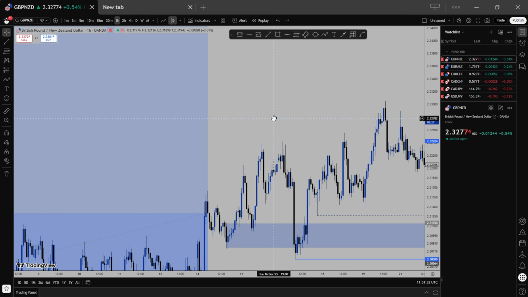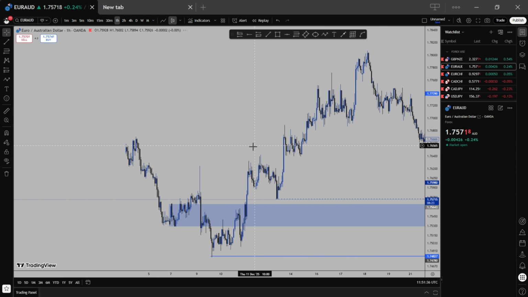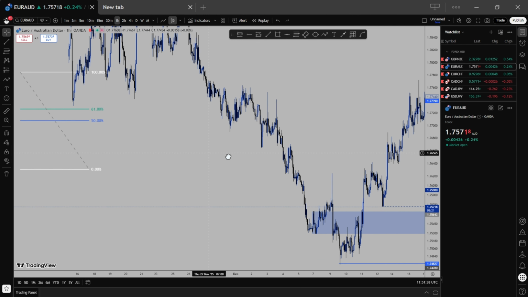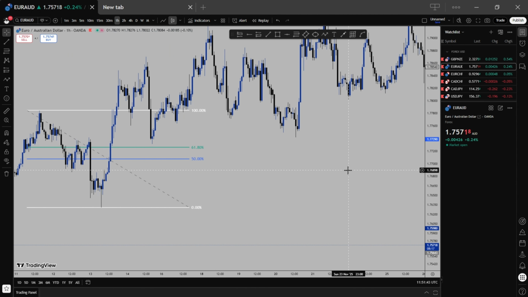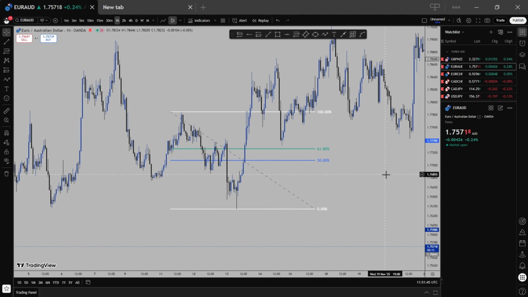Now, I would like to show a chart example of a trade where the structural liquidity was far, and what happened. Using my strategy here, guys, this would be a sweep.